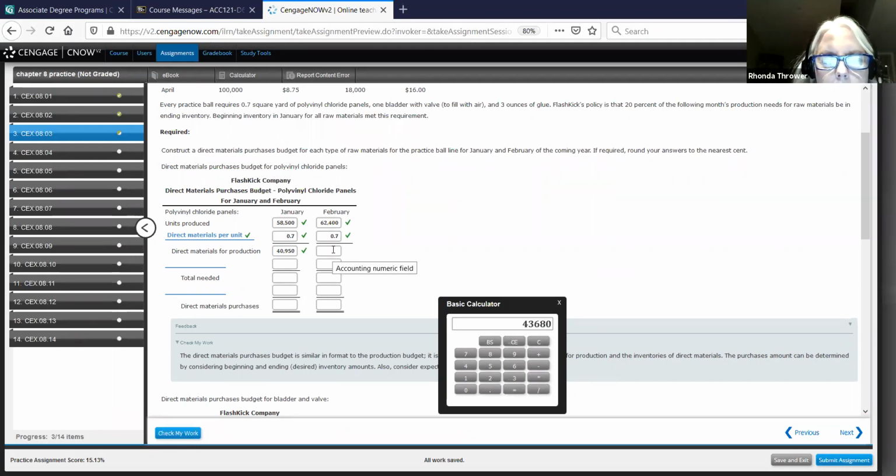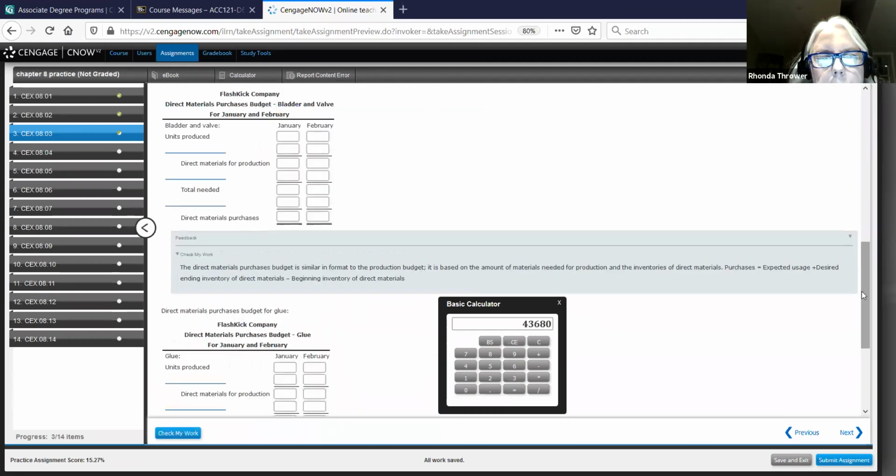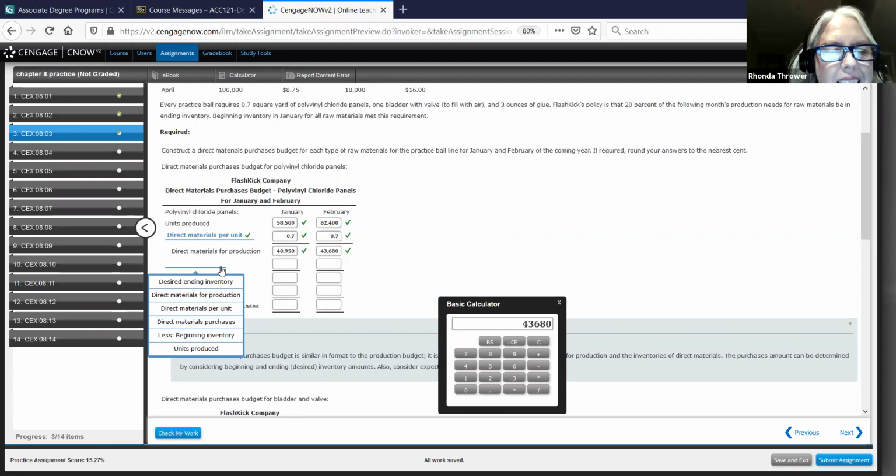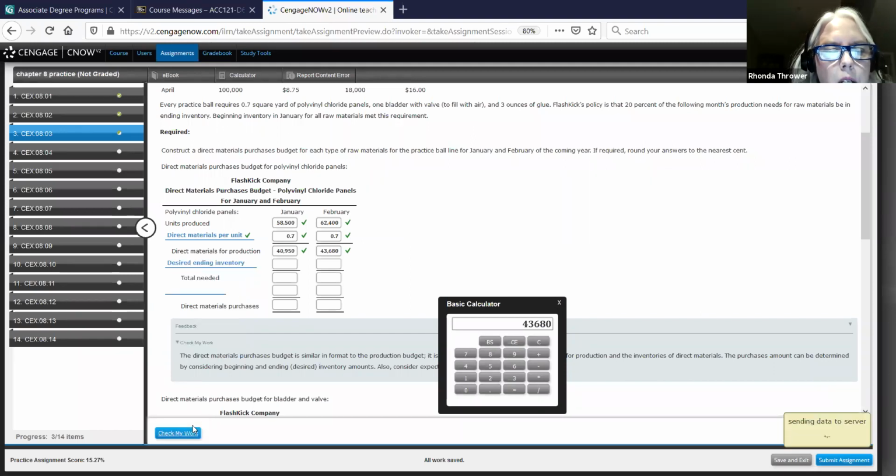So we're going to need 43,680 for the month of February. The next thing we're going to do is we're going to add back in some ending inventory because we do need some materials left over in case we make mistakes or our employees make mistakes when they're in the production process. So the desired ending inventory is going to go next.